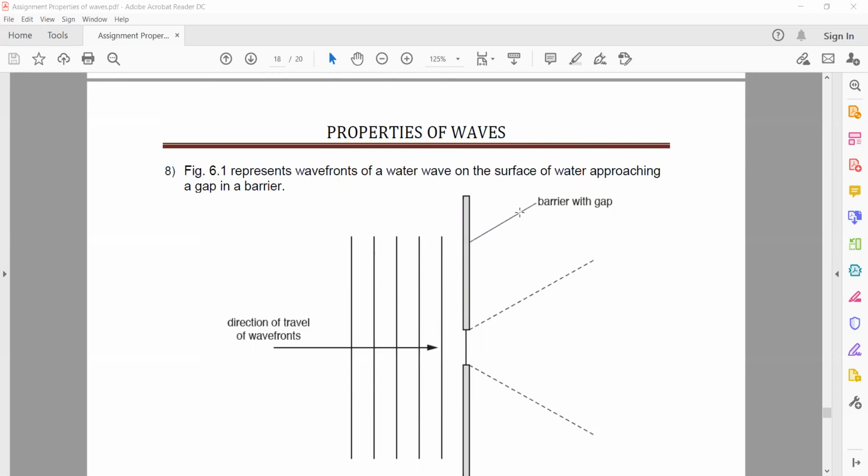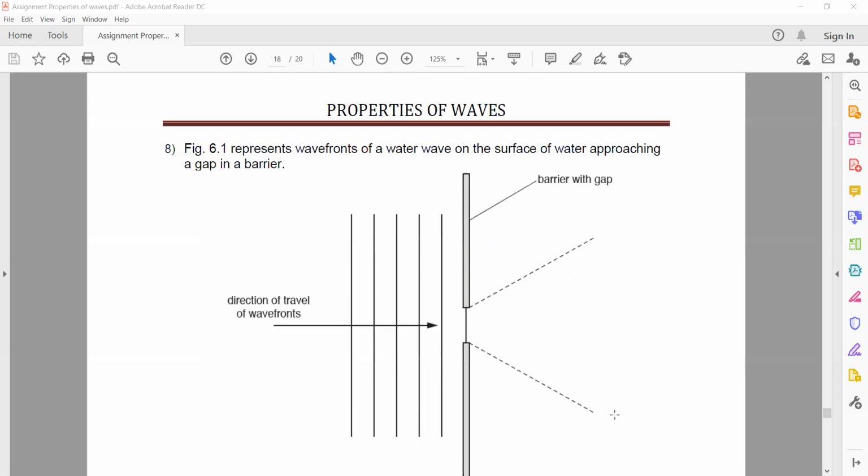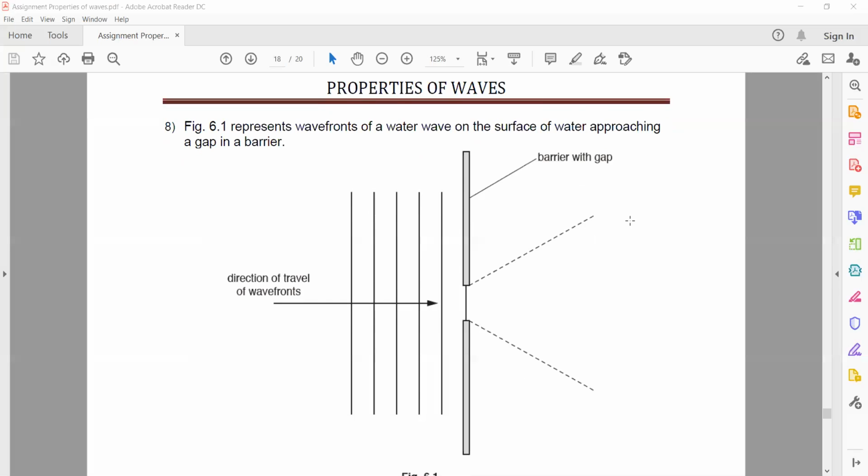Figure 6.1 represents the wavefront of water waves on the surface of water approaching a gap.